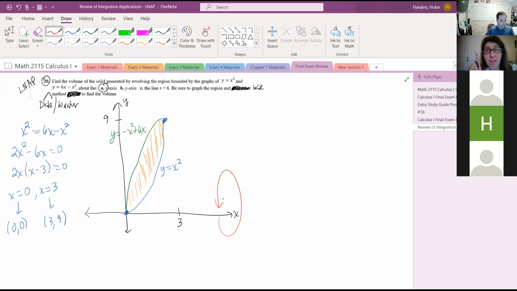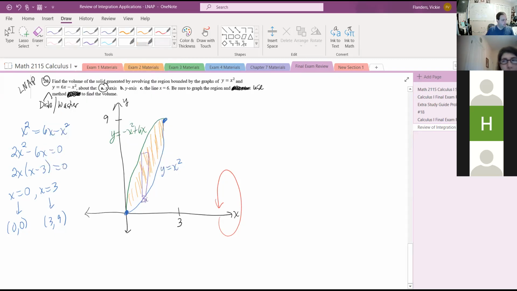Okay, so it's very important. You will always be given what axis or what line to revolve it around. And because I'm revolving around a horizontal line, the disc washer method makes my rectangle vertical. Okay, so let me draw my rectangle. Let me use a different color. Let's use purple.